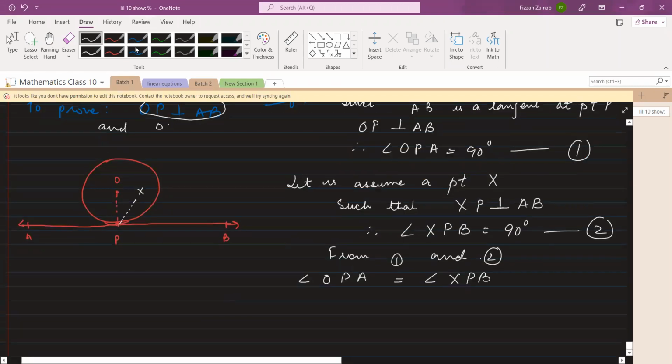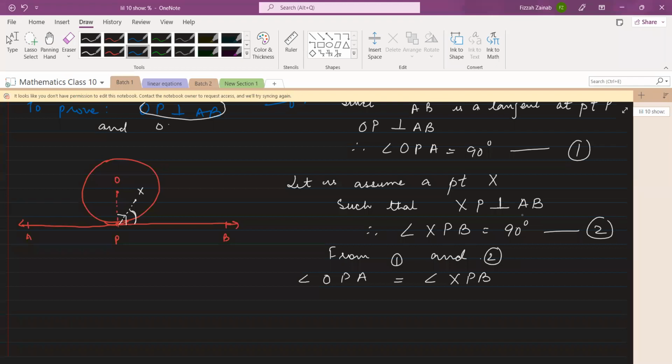See, I am saying that this complete angle cannot be a perpendicular. So obviously, X is any imaginary point I have taken, such that it is perpendicular on the tangent.